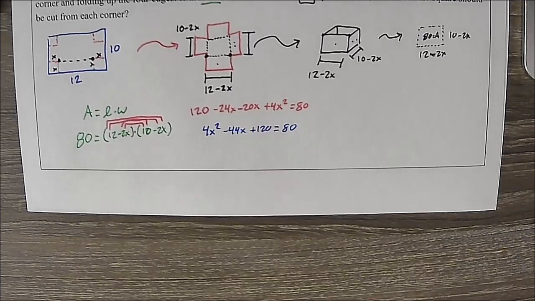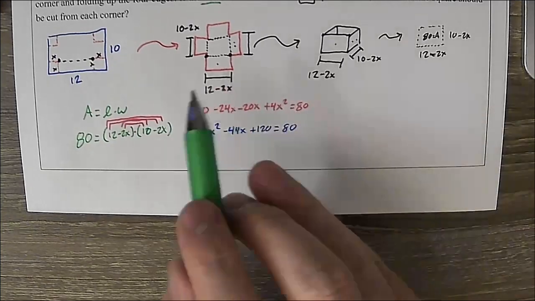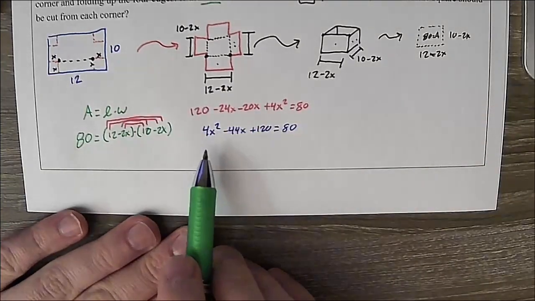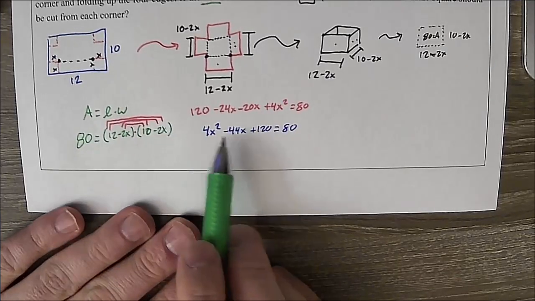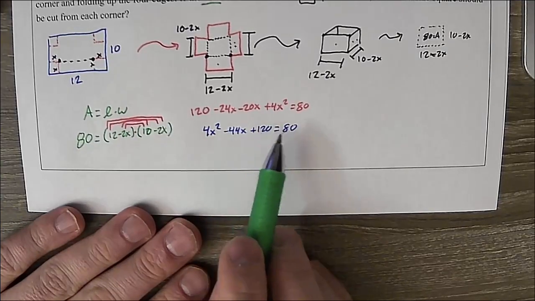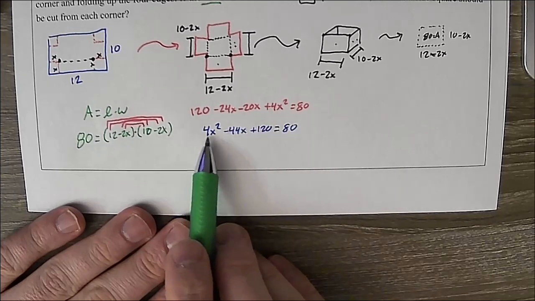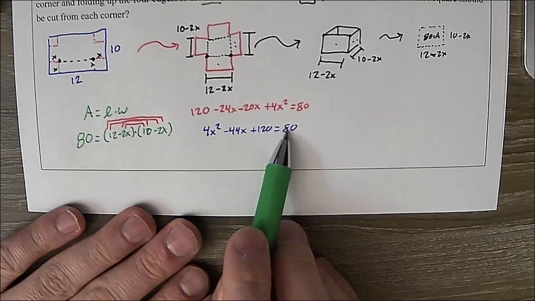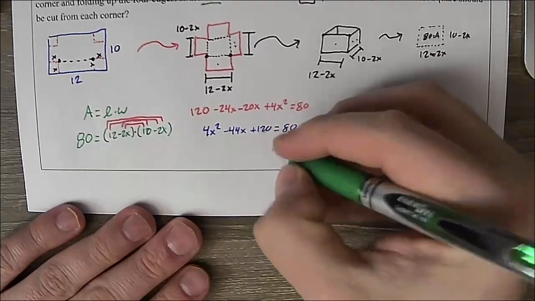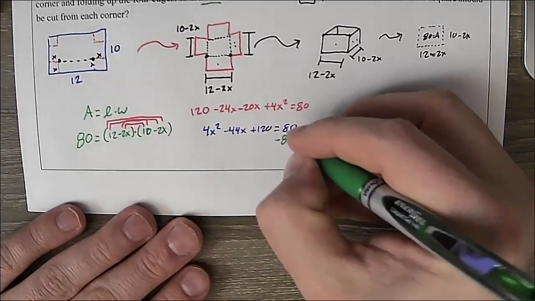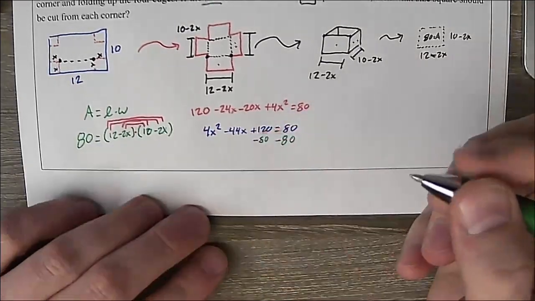I always get it to equal 0 before I do any sort of cleanup work. But if at this point you're like, hey, couldn't we divide everything by 4? You would have to divide every number by 4, including the 80. We could at this stage, but I'm going to subtract the 80 first.